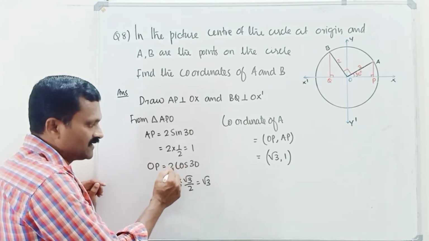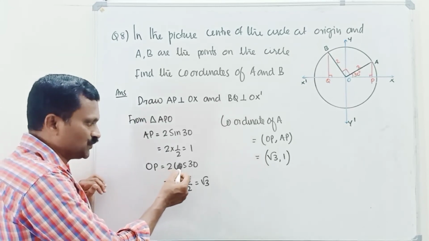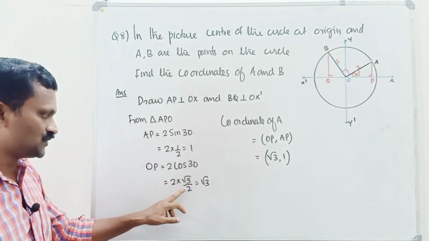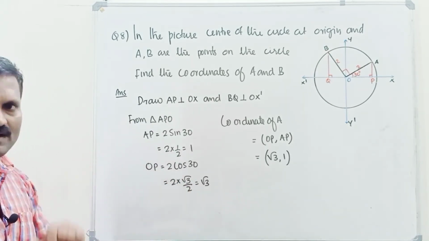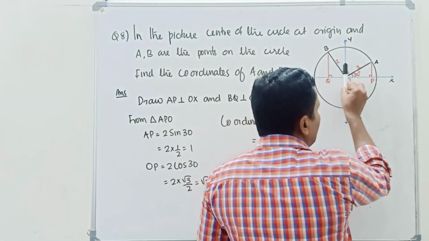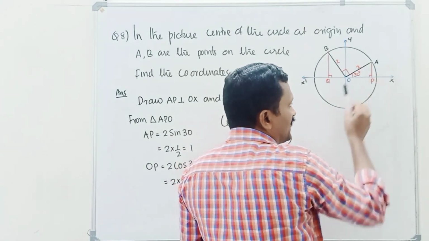adjacent side, that is hypotenuse into cos 30, that is 2 into cos 30. Cos 30 is root 3 by 2. 2 get cancelled, that's equal to root 3. Now why did we find these two? OP is the distance from y-axis to the point. That is called x coordinate of the point.